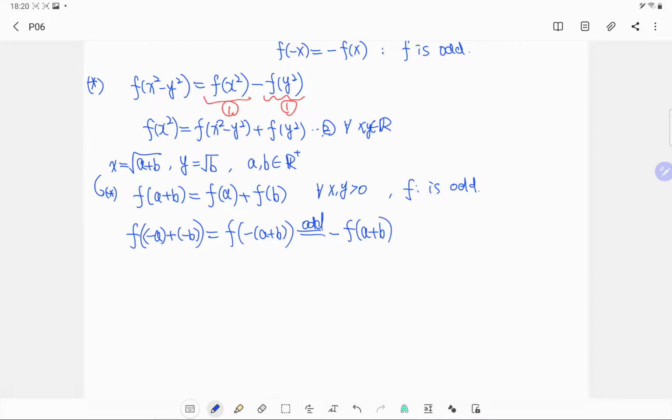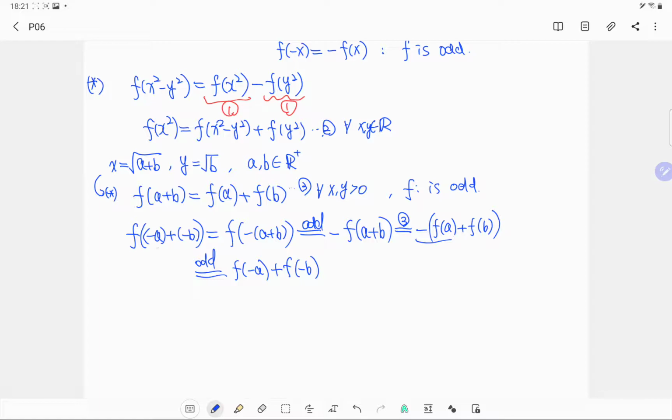And then we can make use of this equation 3. So we have minus f of a plus f of b. And then we can again make use of the odd property, so that minus f of a is f of minus a, plus f of minus b.